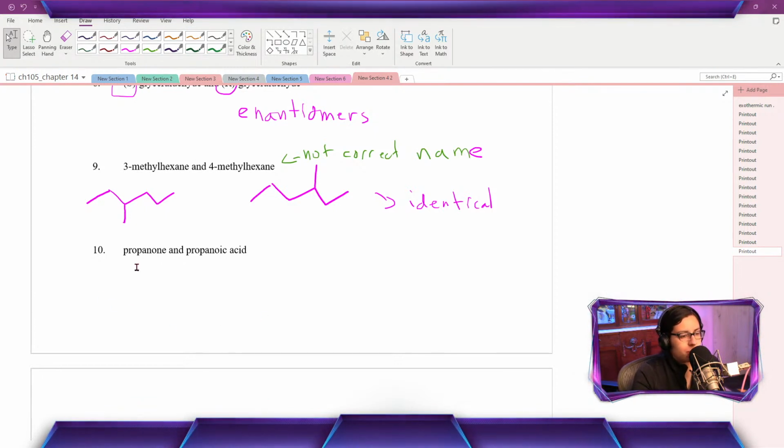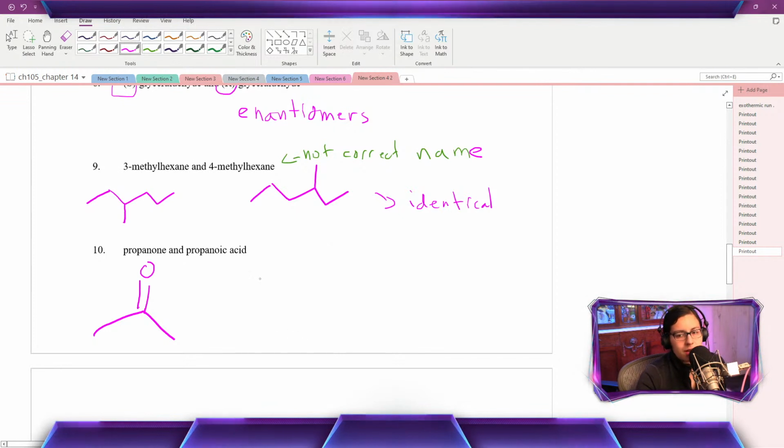So let's start with propanone. So propane, ketone group. And then propanoic acid. Let's draw propane out. And our carboxylic acid. And so I can already kind of tell by looking at them, but let's write out the formula.